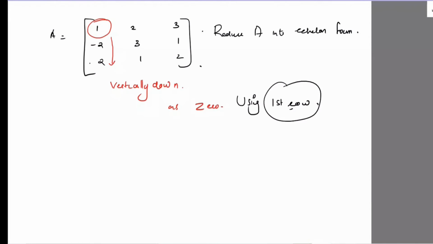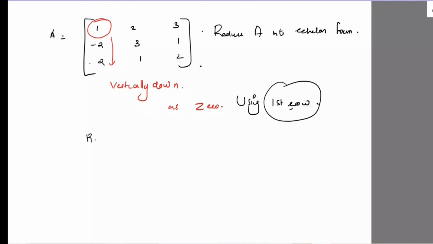Yes, we can add a multiple of the first row to the second row.